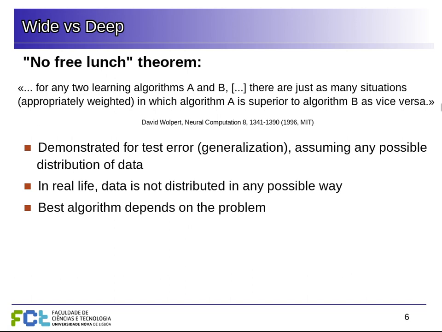So basically, this is true when we consider all mathematically possible sets of examples. In real life, it's more limited. We don't have all the mathematically possible examples, but it's still, in general, the case that you cannot count on one model to be better than all the others.